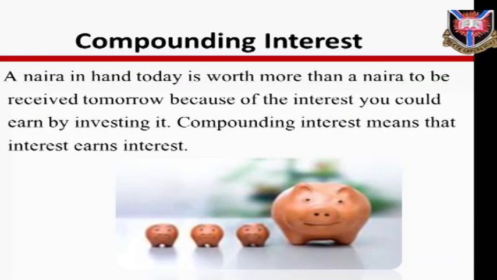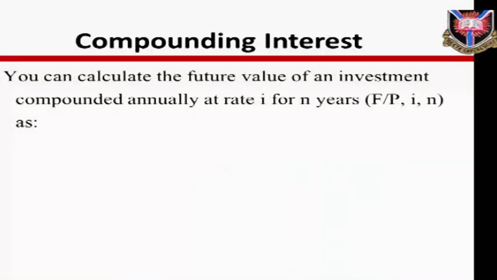Compounding interest. A naira in hand today is worth more than a naira to be received tomorrow, because of the interest you could earn by investing it. Compounding interest means that interest earns interest. You can calculate the future value of an investment compounded annually at the rate I for n years.